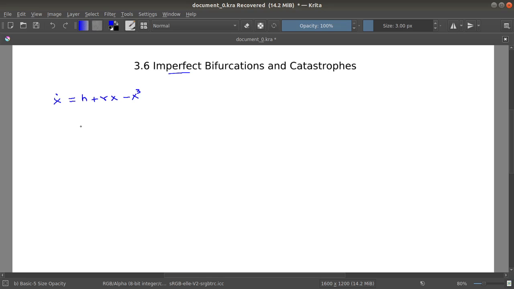Now if h is equal to 0, then we know that's a pitchfork bifurcation. But what if h is not 0? How is the system going to behave? What sort of bifurcation could we observe? That's what we're going to see today.